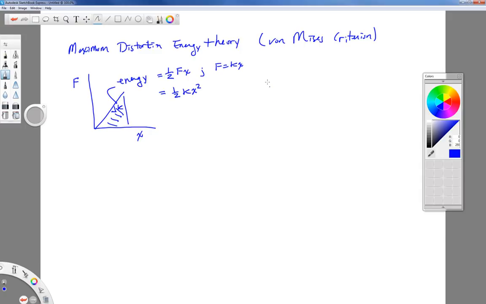Now let's talk about a bar. So let me make a sketch. This is for a spring. Let's talk about what happens in a bar of material.